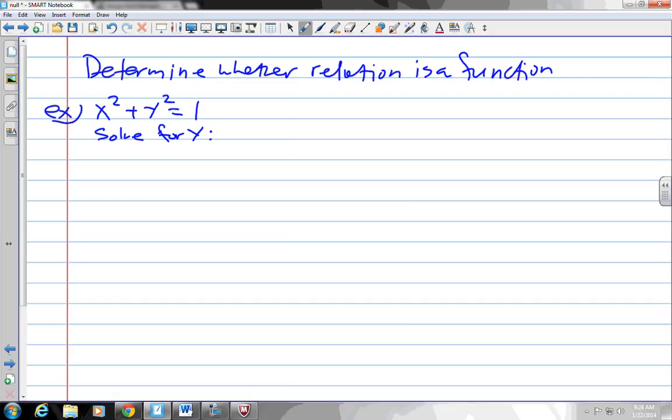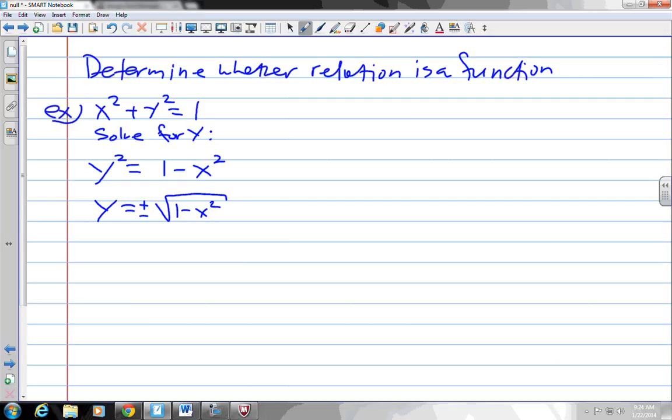Right, subtract x squared, so you get y squared equals 1 minus x squared. Take the square root. What do you need to remember when you take the square root like that? Right, plus or minus. So right away you see for every x that you plug in, you're going to get a positive and a negative result. Okay?